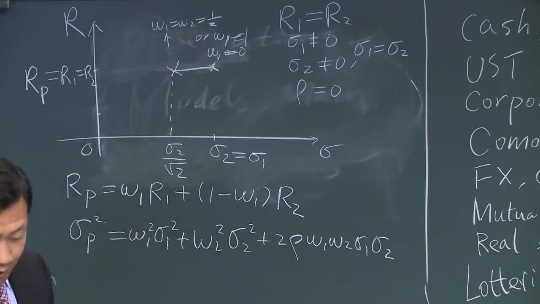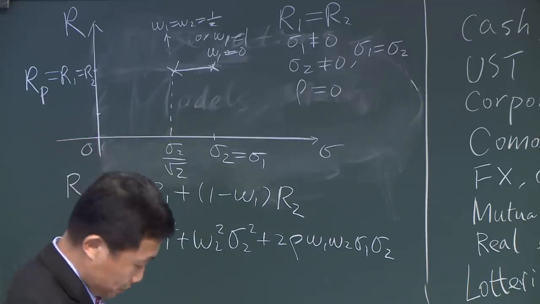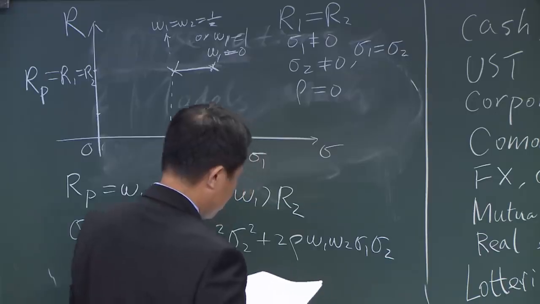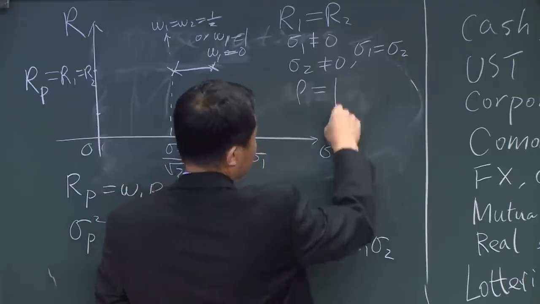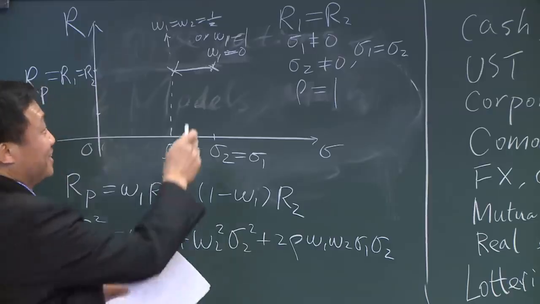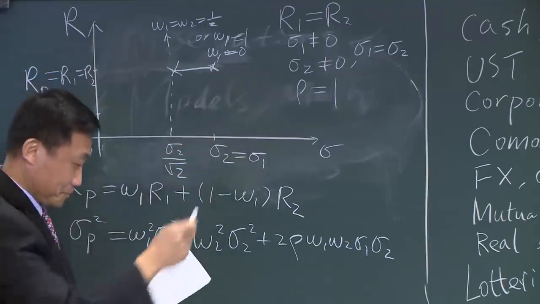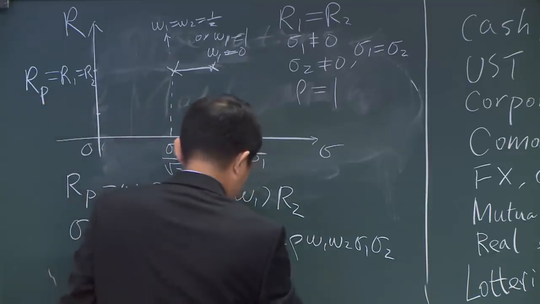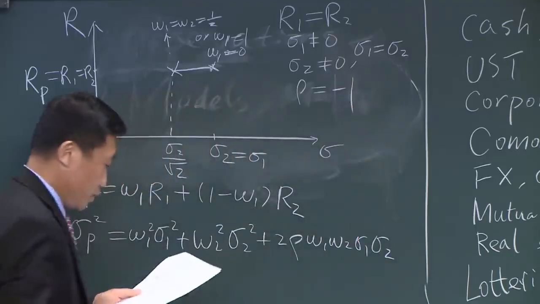So let's look at a few more special cases. I really want you to establish this intuition. So let's think about, in the same example, what if rho equals 1, perfectly correlated? Then you can't, right? So you end up just at this one point. You all agree? Okay. What if it's perfectly negatively correlated?